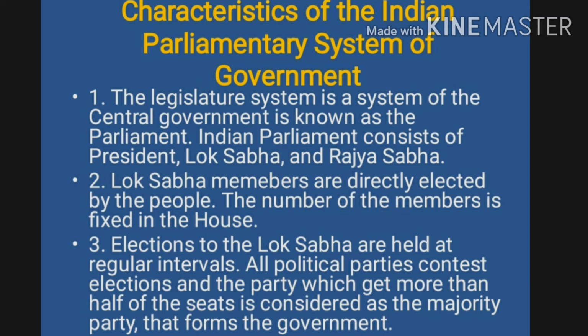People elect the members of Lok Sabha. Elections to the Lok Sabha are held every 5 years, and all political parties contest the elections. The party which gets a majority of seats, or more than half of the seats, is considered the winning political party, the majority party, and later that party forms the government.